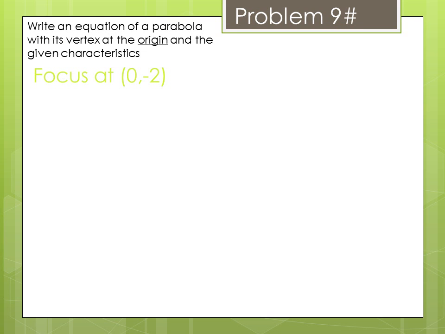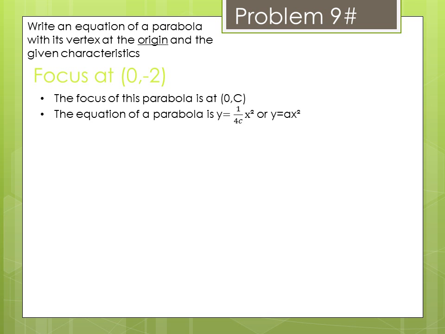Now all we have to do is write an equation of a parabola with its vertex at the origin, and we're given the focus this time, and the focus is going to be at 0, negative 2. The focus of this type of parabola is at 0, c. And here is the equation of a parabola. So our c in this case is going to be negative 2.